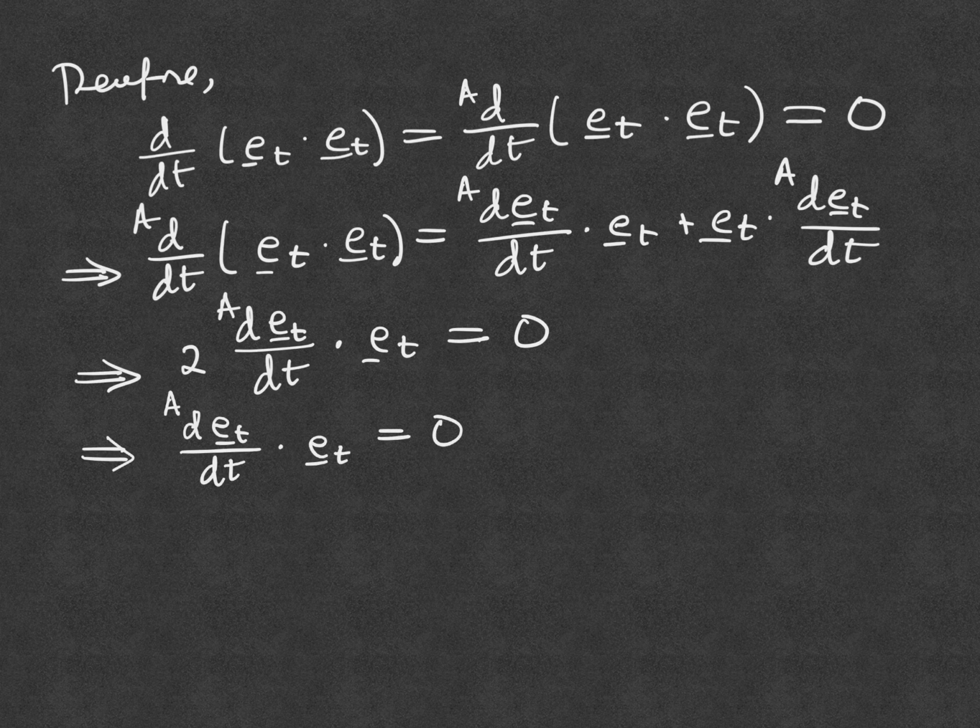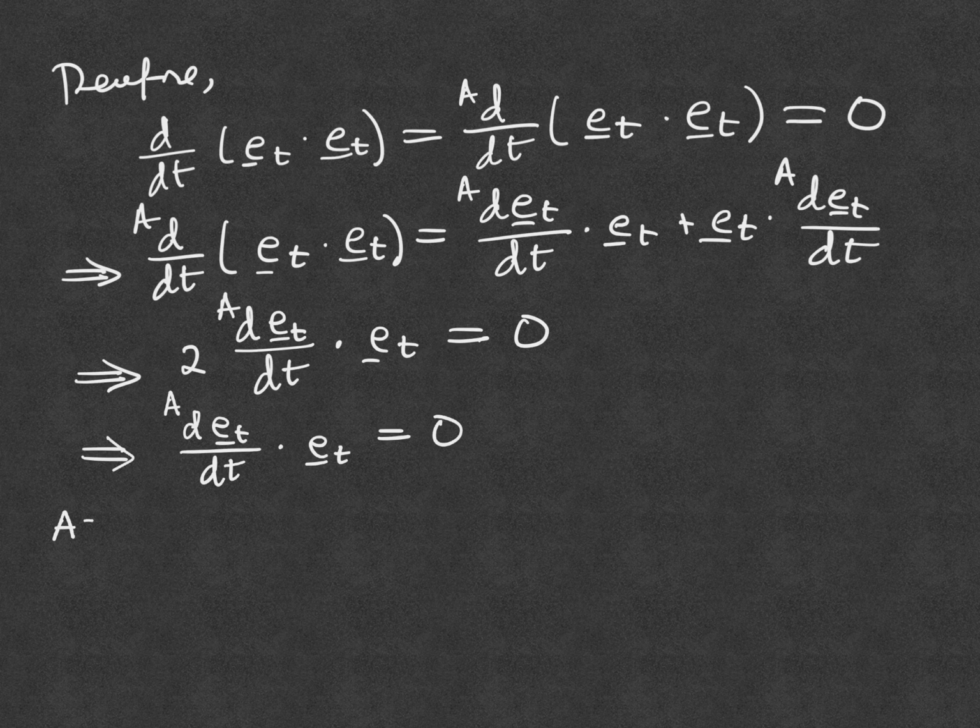Now we see here that we have the scalar product between two vectors, and that scalar product is equal to 0. So if we assume that neither of these two vectors is the 0 vector, it means that these two vectors must be orthogonal to one another.